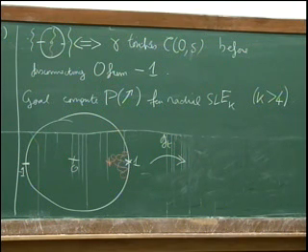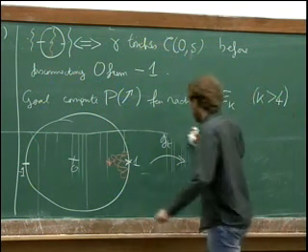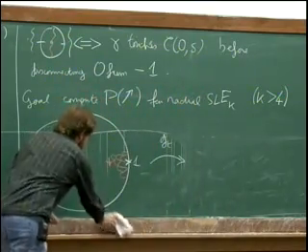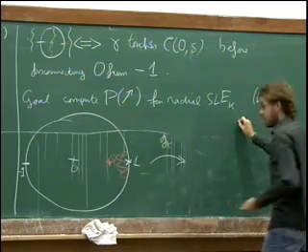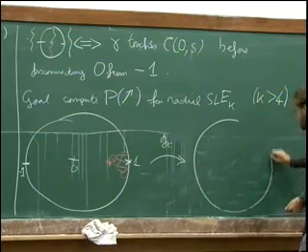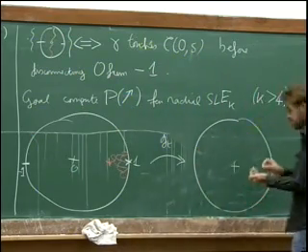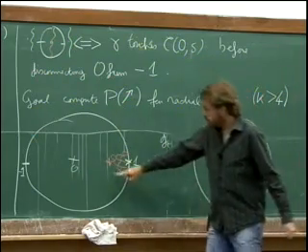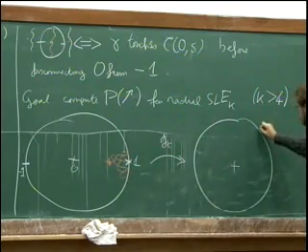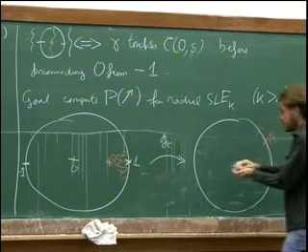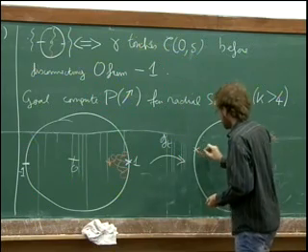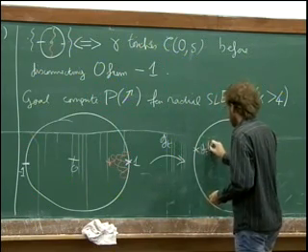It will send it to G_t of -1. So here's the picture. This is the disk. 0 is fixed. You map this part of the boundary to somewhere here. This is beta t. And this is G_t of -1.